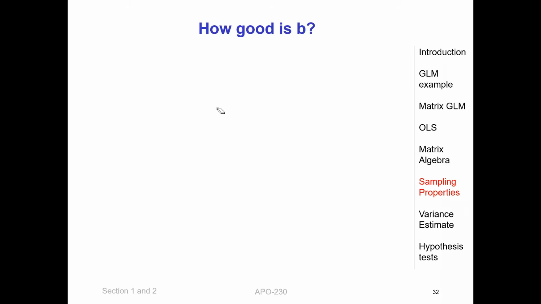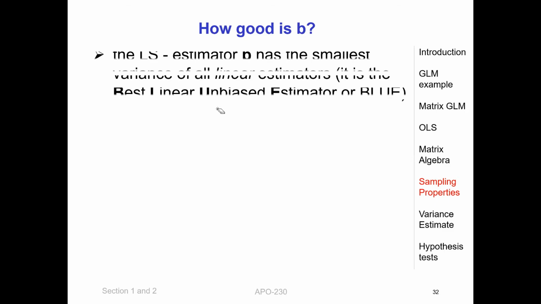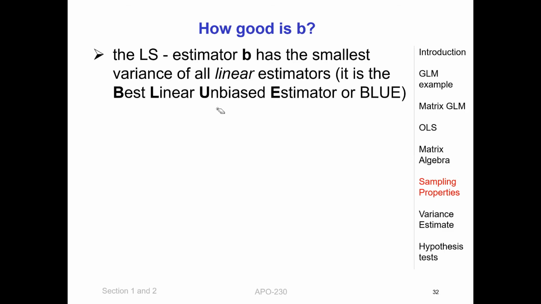Okay, then how good is B actually? It can be shown again analytically, just like before, mathematically or theoretically, that B has the smallest variance of all linear estimators. Variance here means the variance of the sampling distribution that I drew on the slide before. And it is the best linear unbiased estimator.